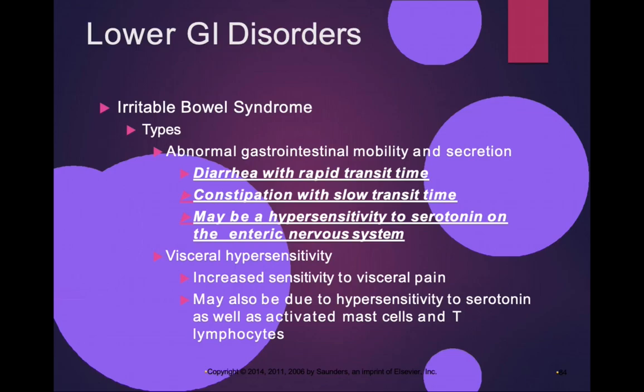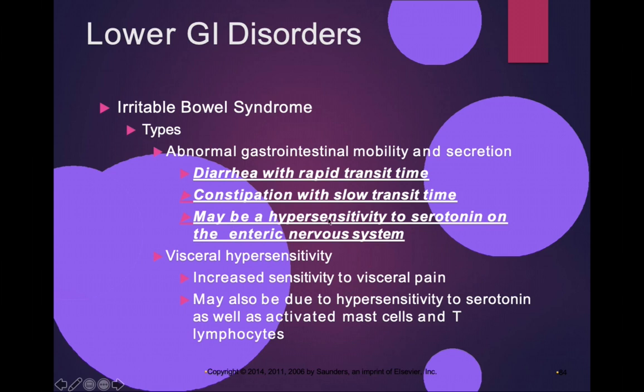So IBS, there's abnormal gastrointestinal motility and secretion. There's diarrhea with rapid transit time. There's constipation with slow transit time. So it goes between diarrhea and constipation, and that's what IBS typically shows up as.